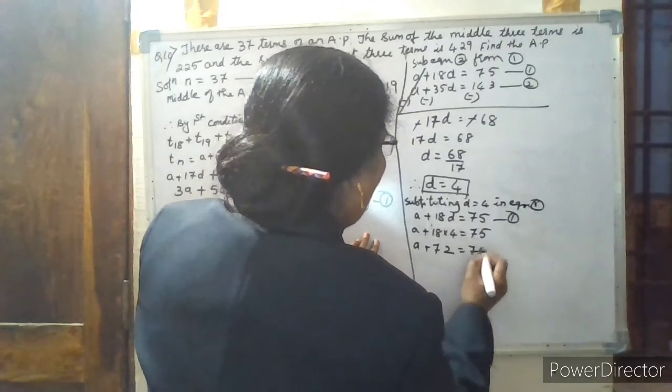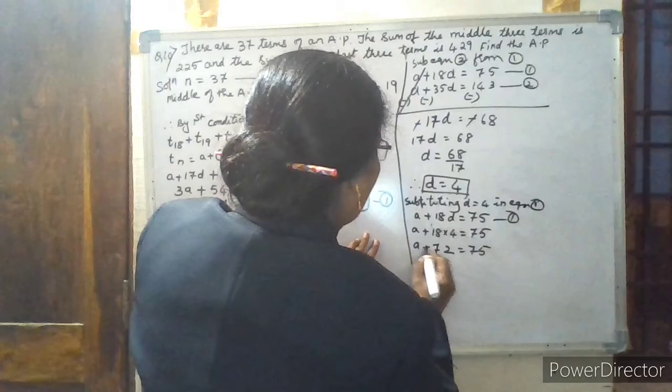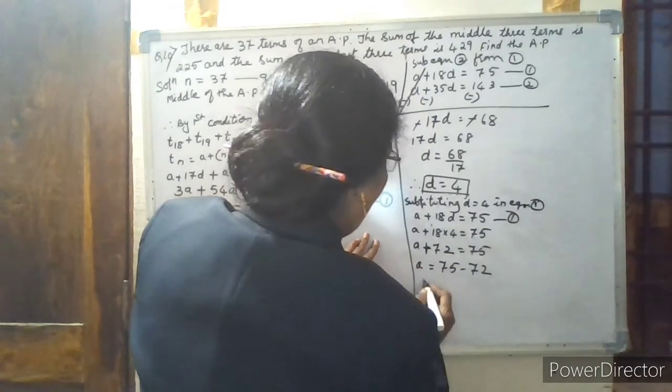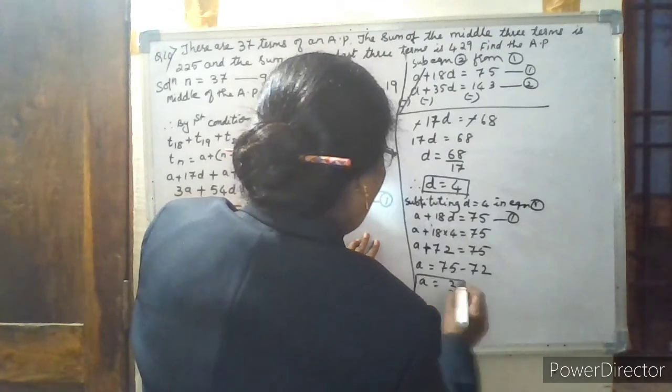So a is equal to 75 minus 72. So a is equal to 3. We got the value of a as 3.